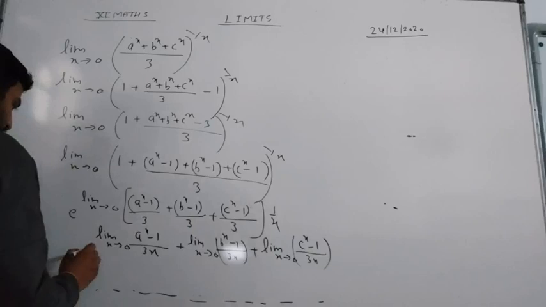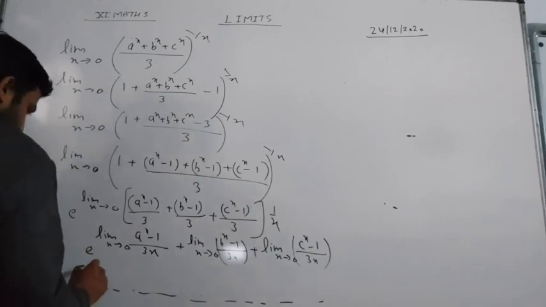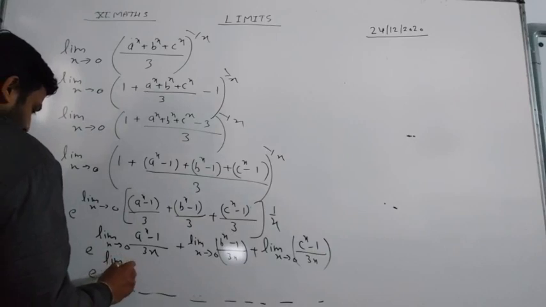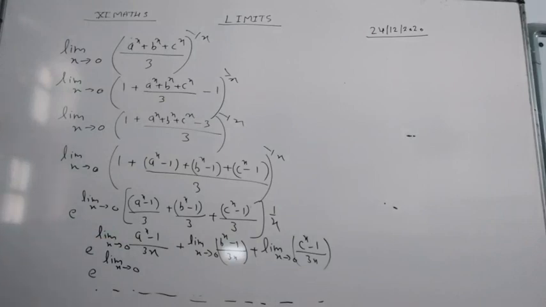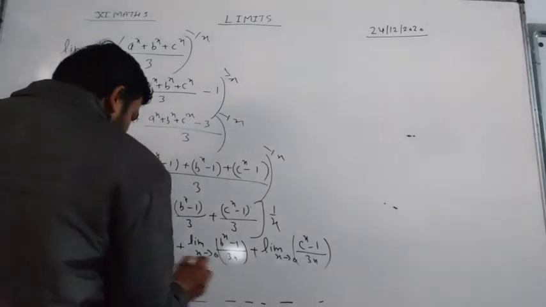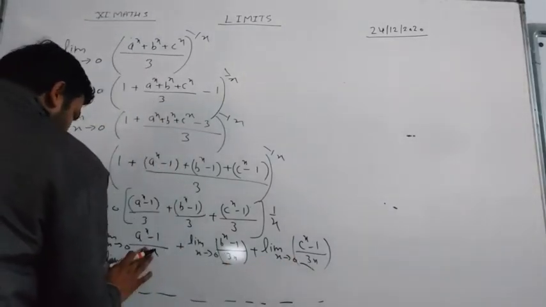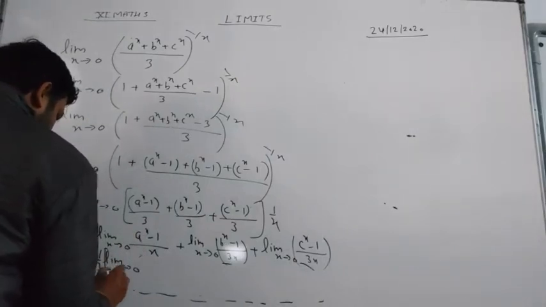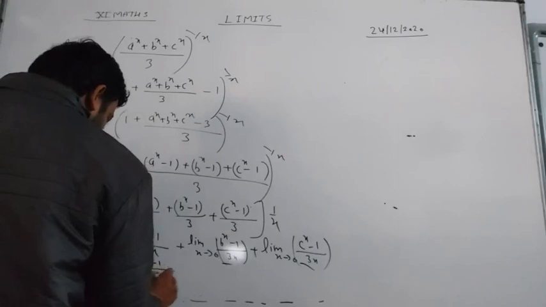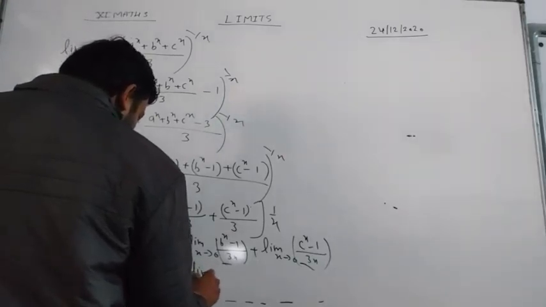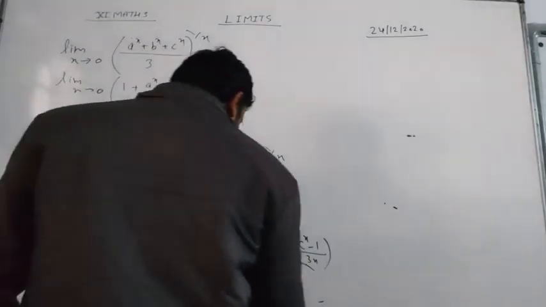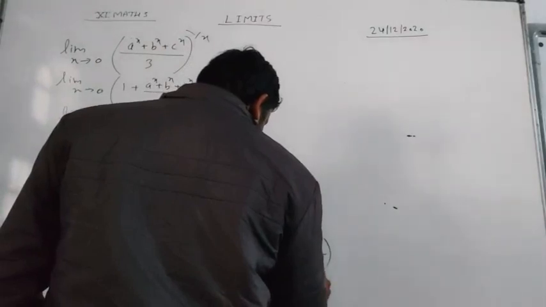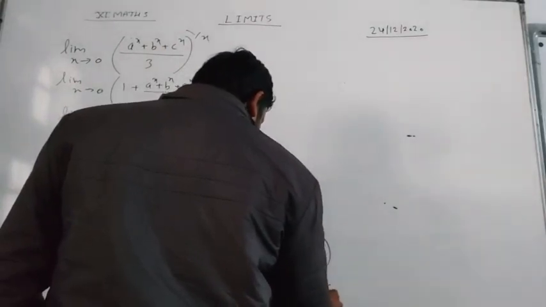Now when we are taking 1 by 3 outside from everywhere, we get limit x tends to 0 (a^x minus 1) by x, (b^x minus 1) by x, (c^x minus 1) by x.